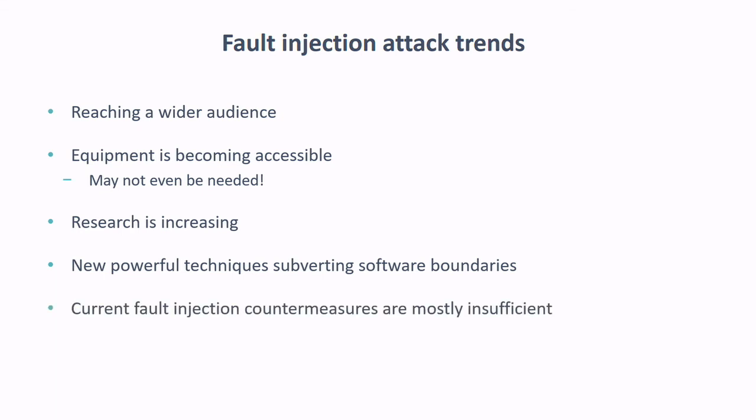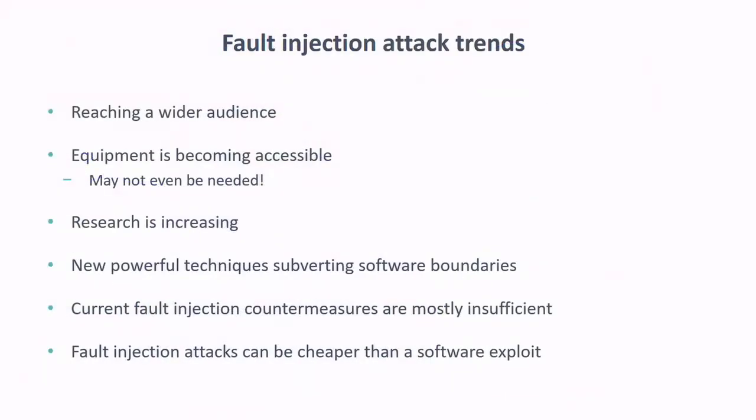The currently used fault injection countermeasures devised by academia, at least the software-based ones, are mostly insufficient. And the point is that fault injection attacks can be cheaper than a software exploit. We may arrive at a point where instead of spending 50K for a kernel exploit, you might decide to just spend 2K and go for it and see what happens.